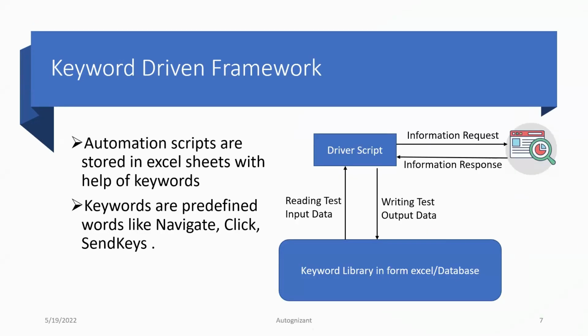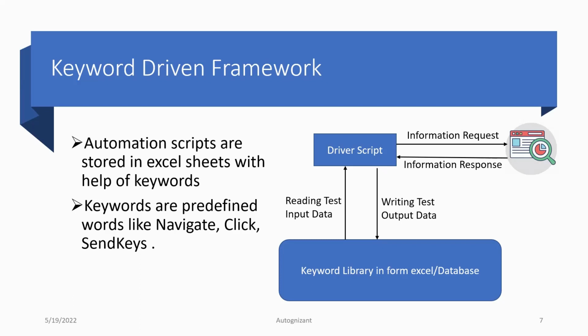Now let us understand keyword-driven framework. Here, automation scripts are written in Excel sheets with the help of keywords. And keywords are predefined words like navigate to an application, click, send keys, and select element from drop-down. If we look at the diagram, there is a driver script. In this driver script, there is already code written for each predefined keyword.